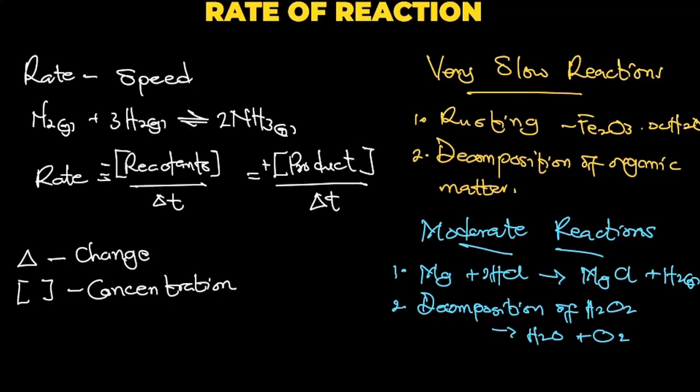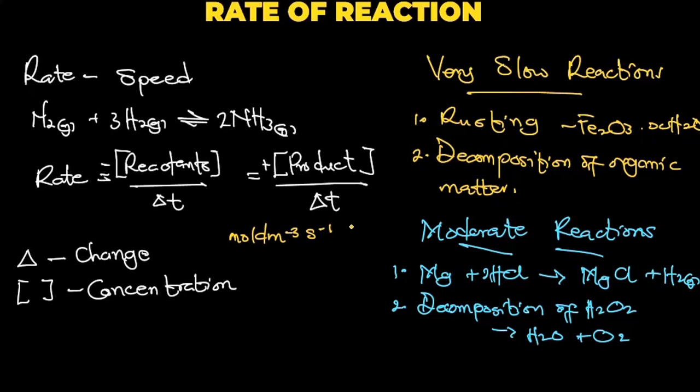Is that okay? So this is how we measure rate. Now, what is going to be the unit for rate? Concentration is measured in moles per dm cube, and time is measured in per second. So this is going to be moles per dm cube per second.